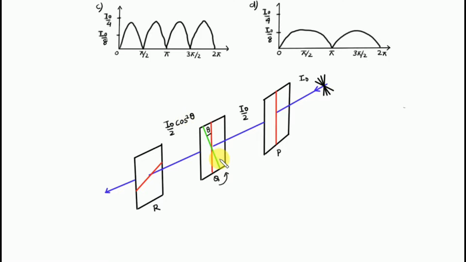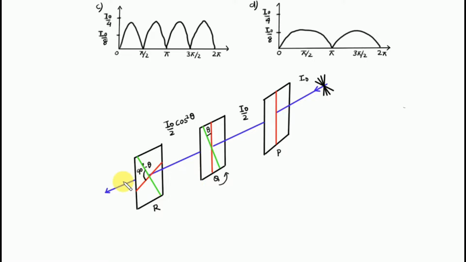Since the polarizing direction of Q has moved by an angle theta, now the angle between the polarizing direction of Q and R must be 90 minus theta, that is this direction must be 90 degree minus theta.